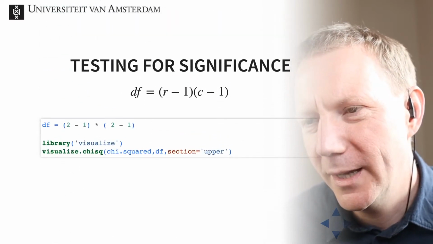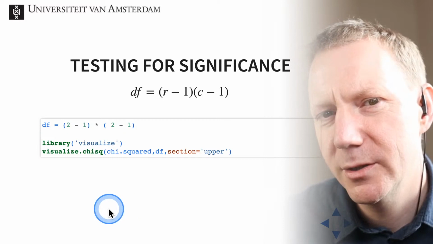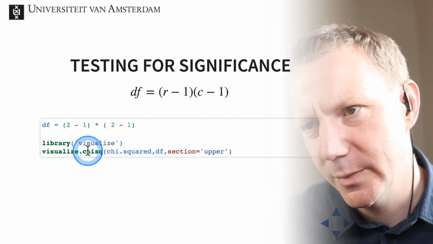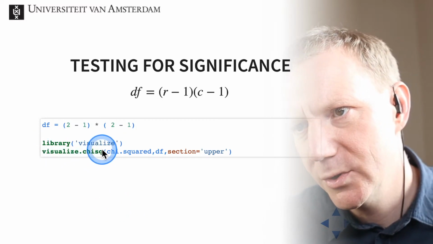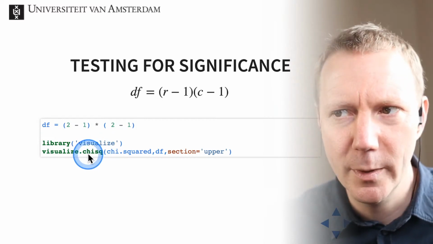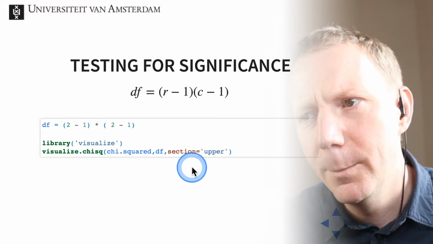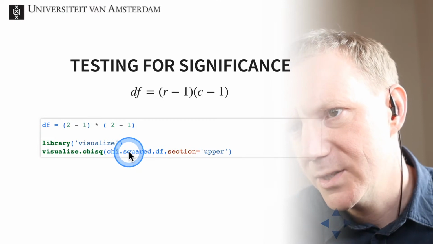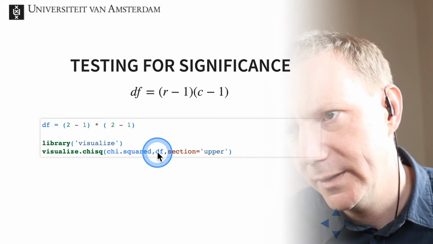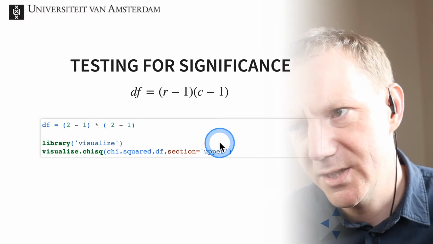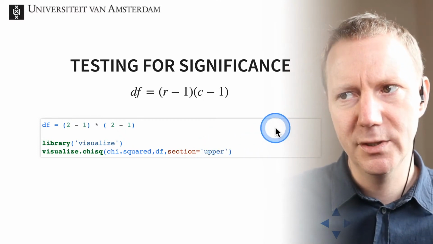We're going to perform again the visualize function, but this time with a chi-square distribution. We've done this before with the non-parametric tests. We have to provide the chi-square value and the degrees of freedom. We have to set the section to upper because it's not a symmetrical distribution.